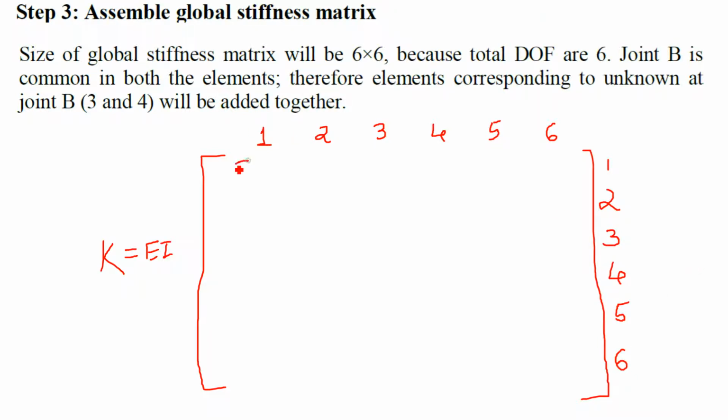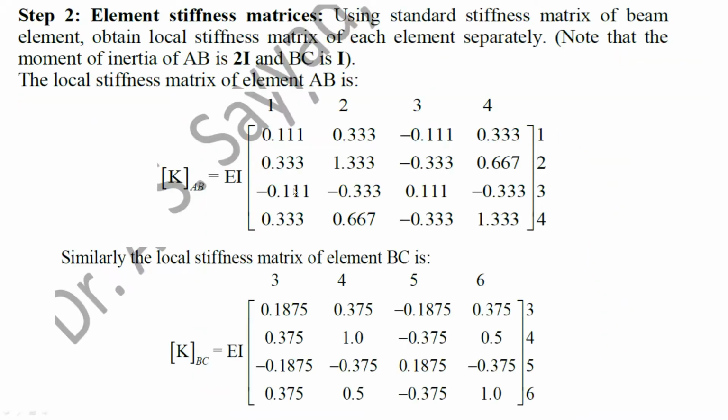Now if you want to write down the first element of this matrix, understand the position of this element. It represents column 1 and row 1. So for this combination, look at the previous two member matrices and identify whether the combination is present in either. If yes, you write that element here. For example, in these two matrices, column 1 and row 1 is 0.111, with EI outside.